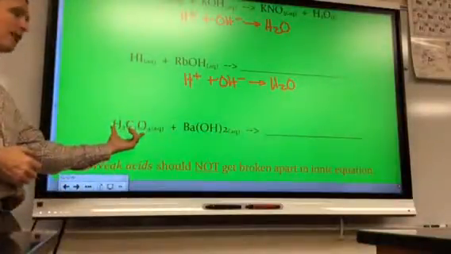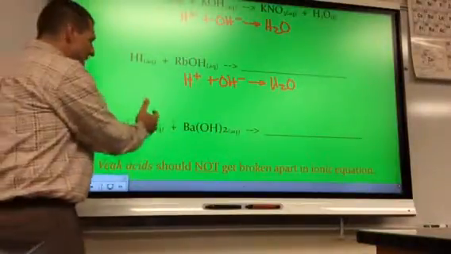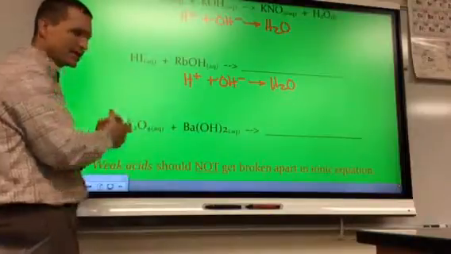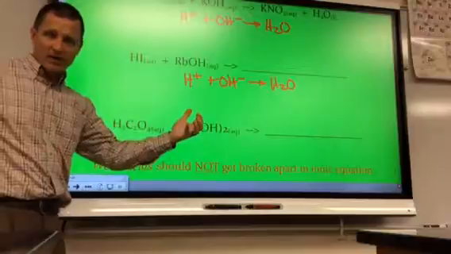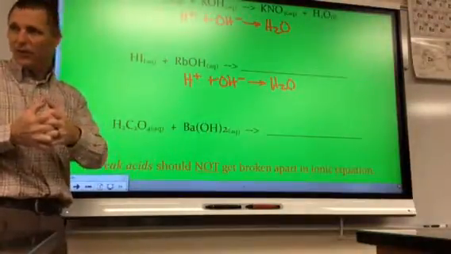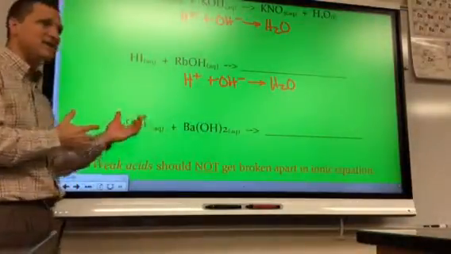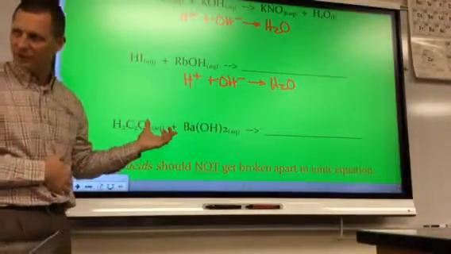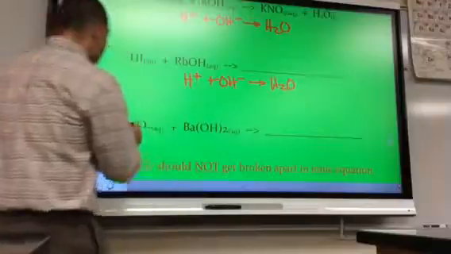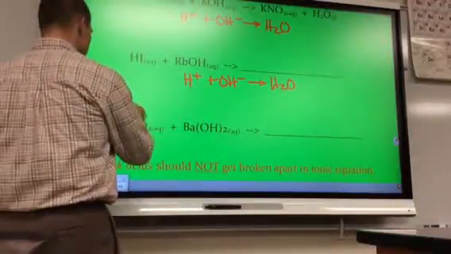So that means when you have a weak acid, almost all of that acid is still 2 H's on the oxalate ion. Because of that, we don't write that separated. We write that acid formula. Even though the job of an acid is to release hydrogen, this is not doing its job very well. It's hanging on to it. So this thing is going to be written just like you see it.